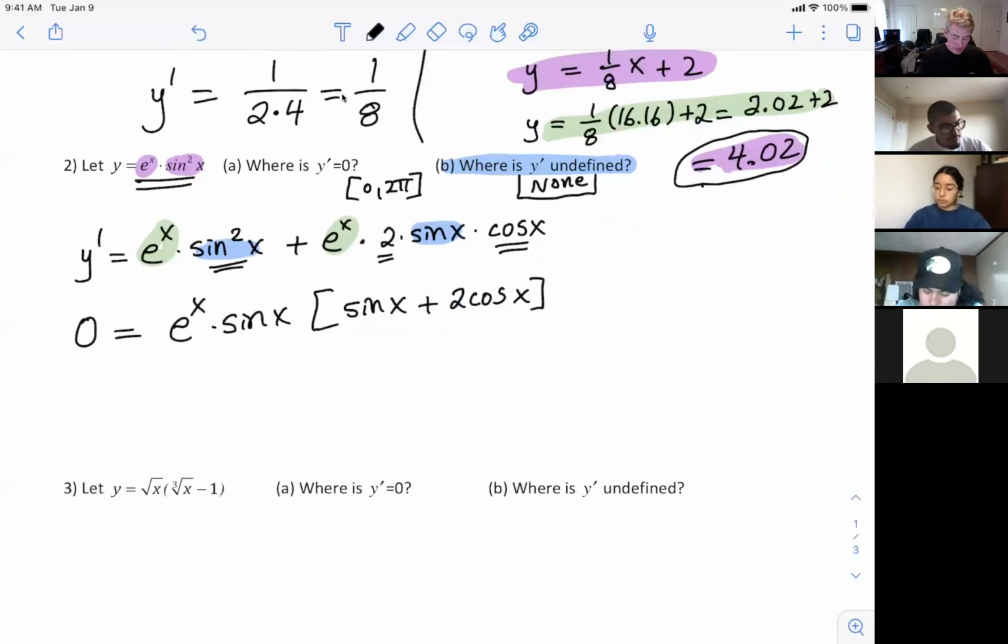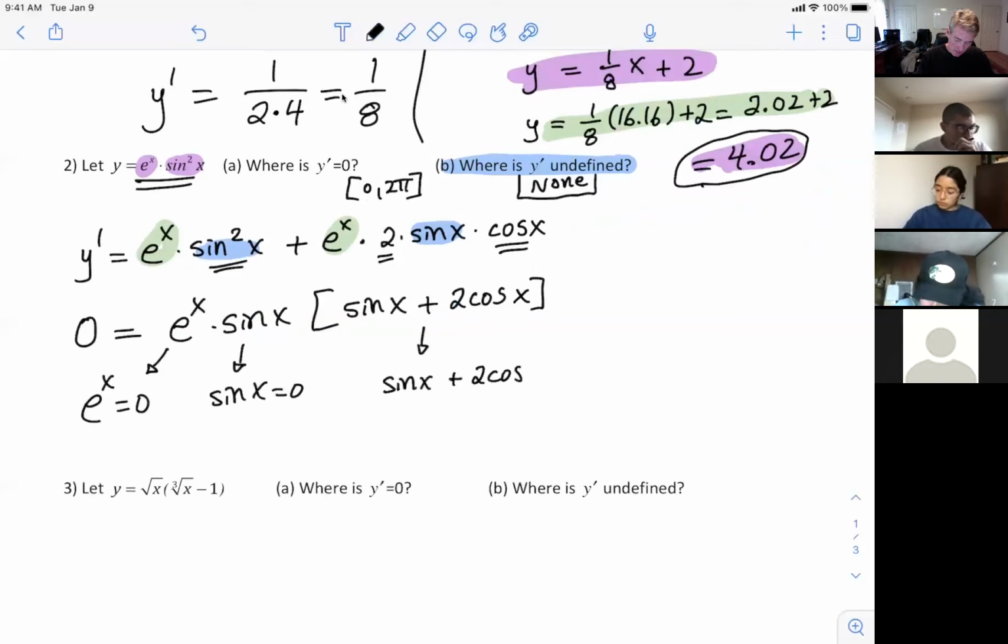So now that it's factored and equal to 0, just set each factor equal to 0 separately. So e to the x equals 0. Sine of x equals 0. And then also sine of x plus 2 cosine of x equals 0.